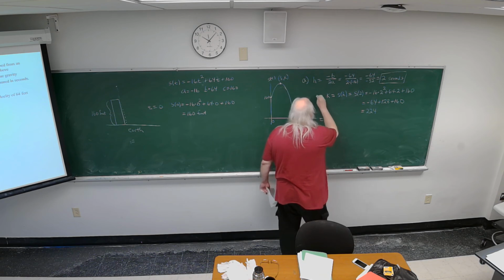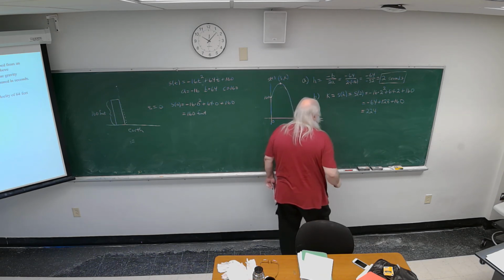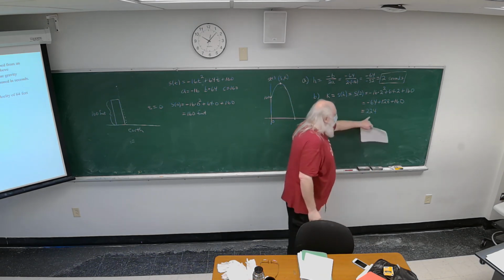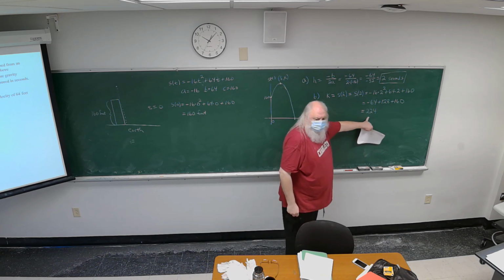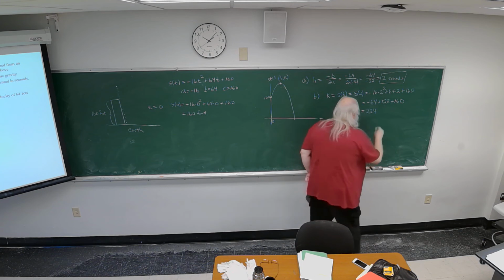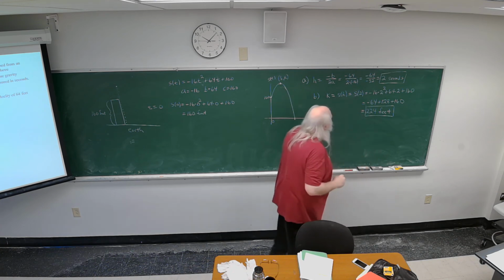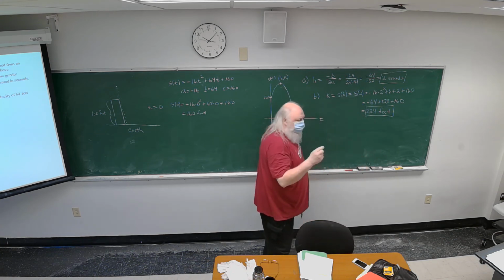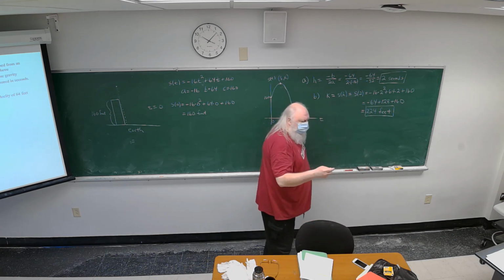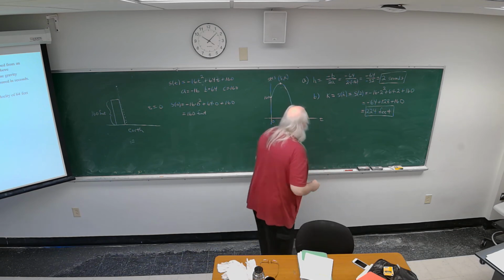That's K. So its maximum height is 224. 224 what? Feet. So 2 seconds after the ball was thrown in the air, it reaches maximum height of 224 feet, right?